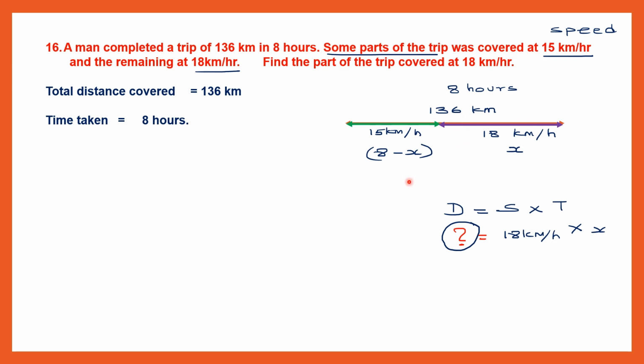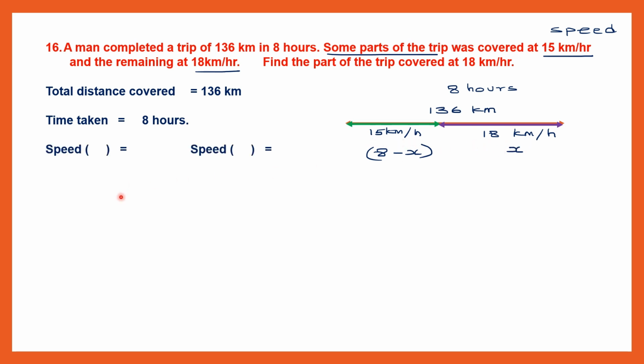Okay, so for that, let's write our steps properly. Since we have speed here 15 kilometers and again speed here, we're going to write this as speed 1 and this as speed 2. So S1 is equal to 15 kilometers per hour, and S2 is 18 kilometers per hour.